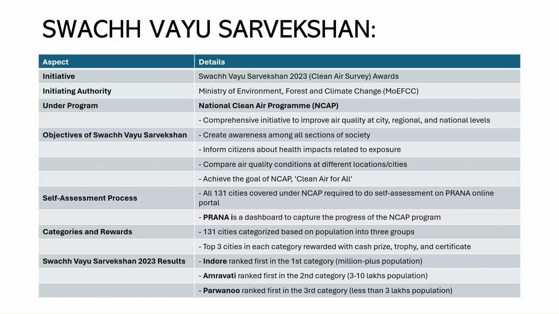Amravati ranked first in the second category, 3 to 10 lakh population, and Parwanoo ranked first in the third category with less than 3 lakh population. These cities demonstrated excellence in maintaining clean air, contributing to the well-being of their residents, and the recognition includes a cash prize, trophy, and certificate for their commendable efforts.